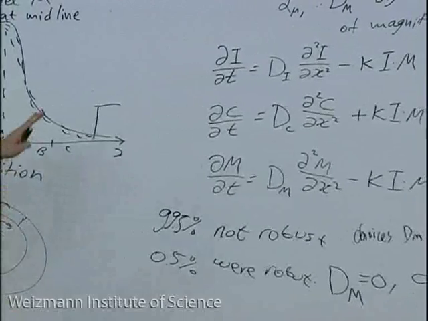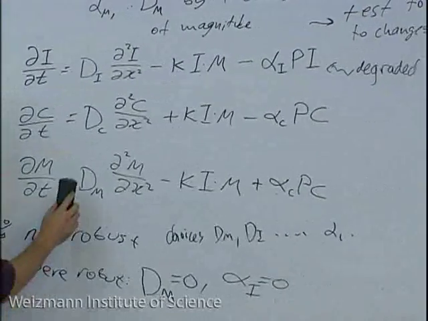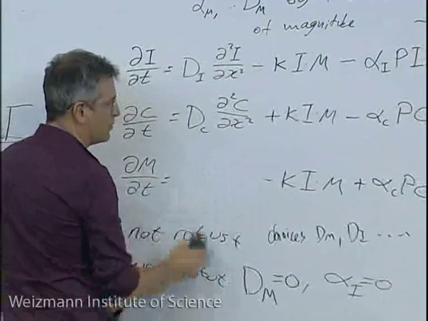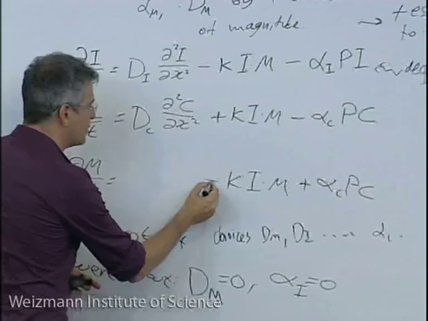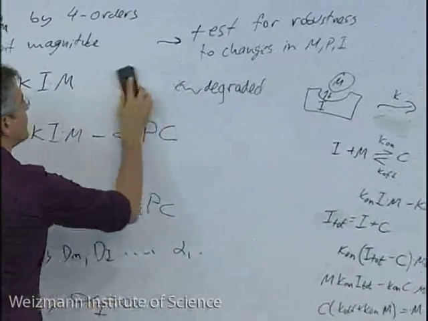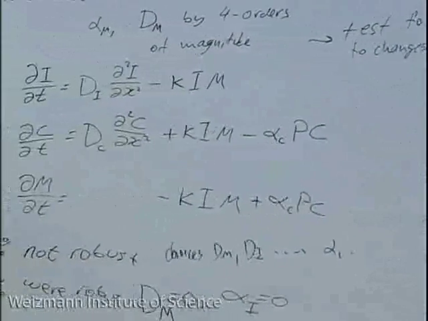So in fact, what this means is that you get the same set of equations, but for the robust models, this doesn't exist. This is 0. Or in other words, you can neglect this term, the diffusion, dm is 0, and you can neglect this term. So you get a little bit simpler set of equations.